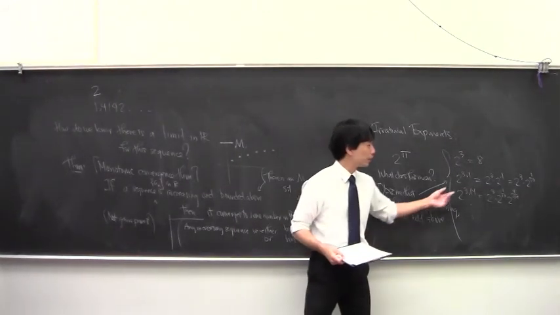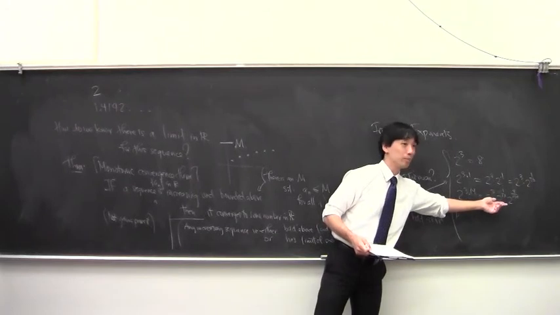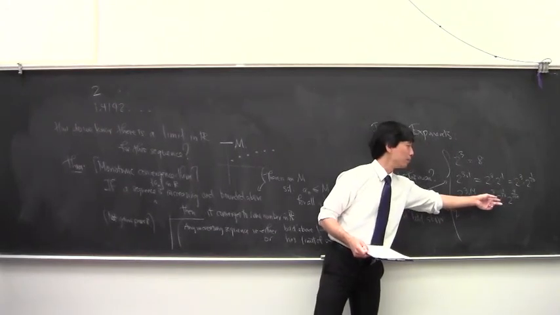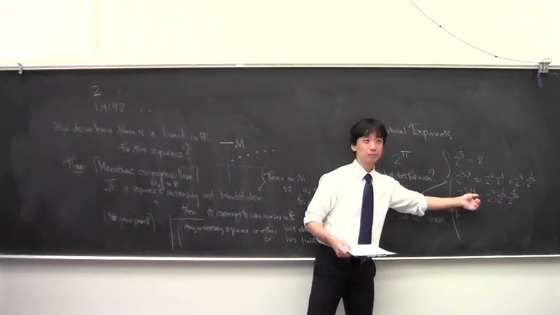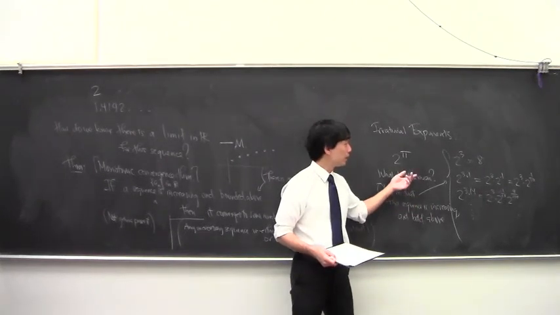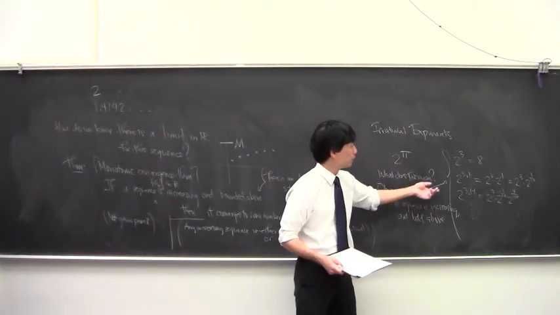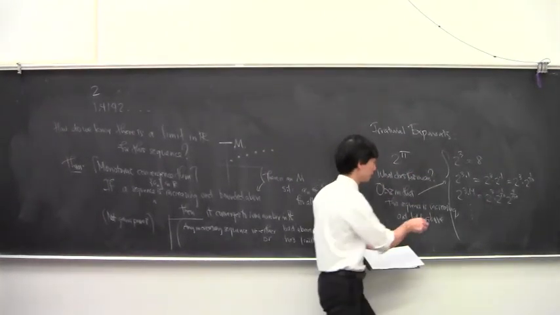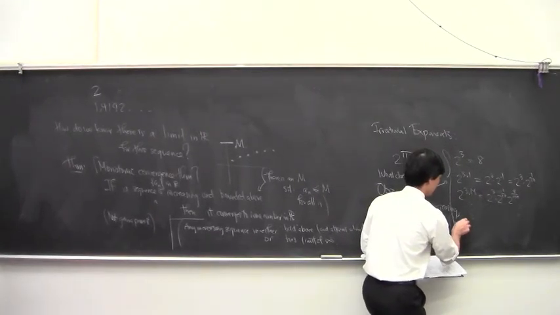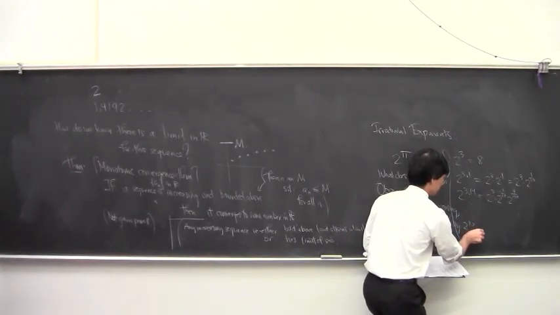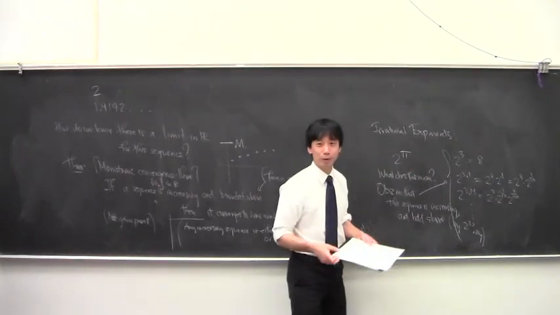It's increasing because every time you're multiplying by something bigger than 1. It's bounded above by 2 to the 3.2, or 2 to the 4 if you want to be reckless.